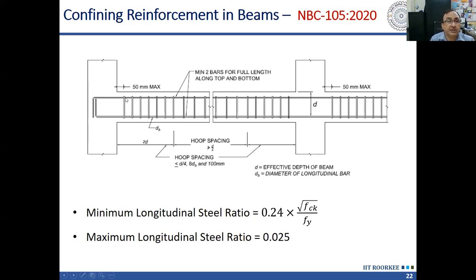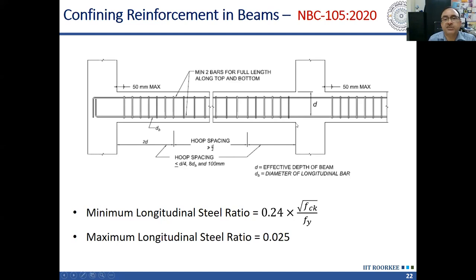Okay. And the first stirrup here should not be at a distance greater than 50 millimeters. So it should be close to the face. The first stirrup, which is confining the concrete, should be as close to the face as possible, not more than 50 millimeters in any case.